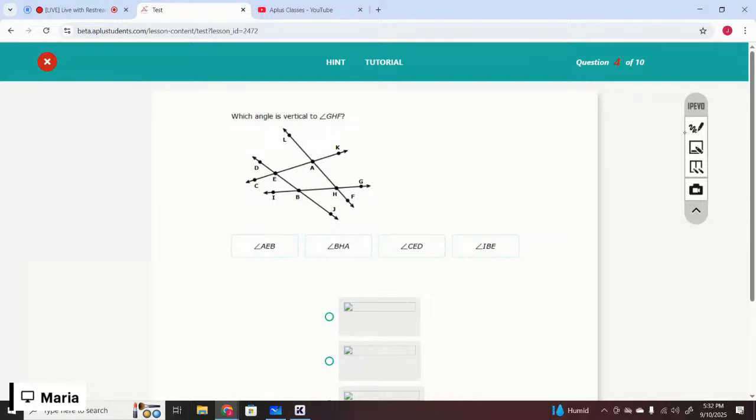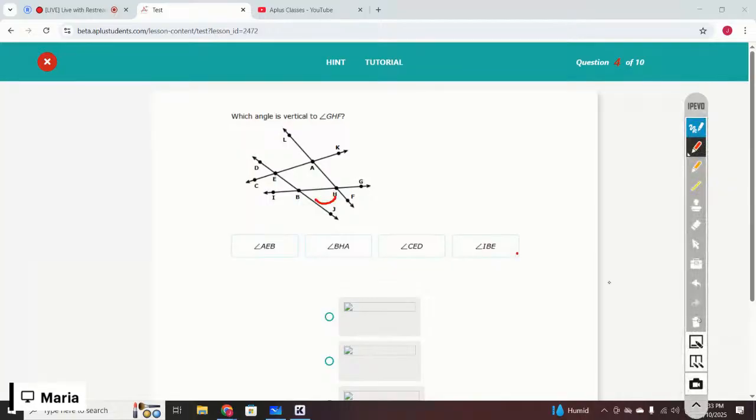So we need to find the vertical angle to angle GHF, right? Okay, let's just see. So this is GHF. We need to find a vertical angle.